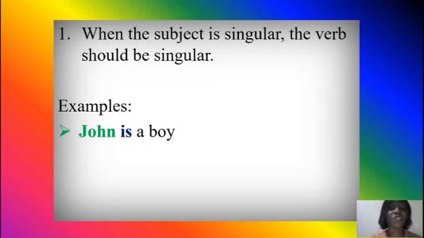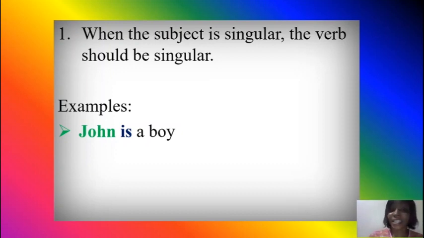Remember, a verb does not just show action, it also shows state of being. Now, John is a noun, and as you can see, it is a singular noun. Is is a verb, and it is also a singular verb. That is how you should construct your sentence.